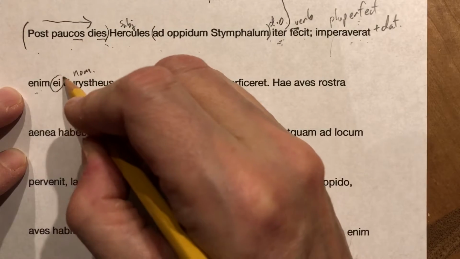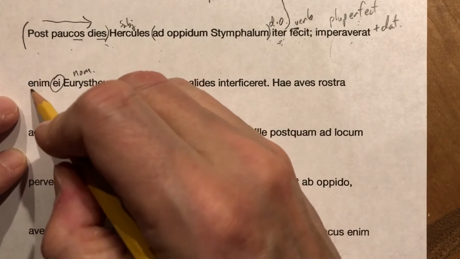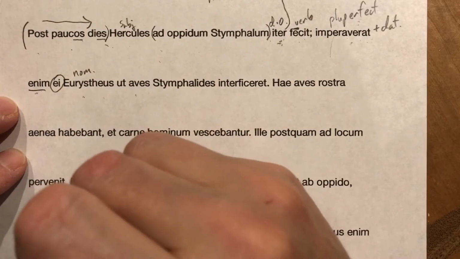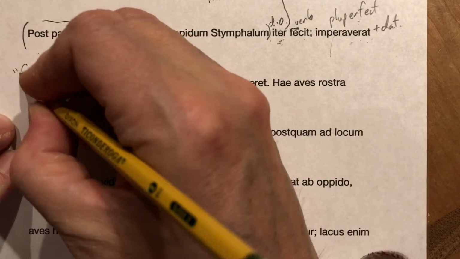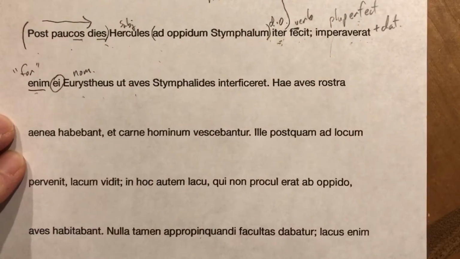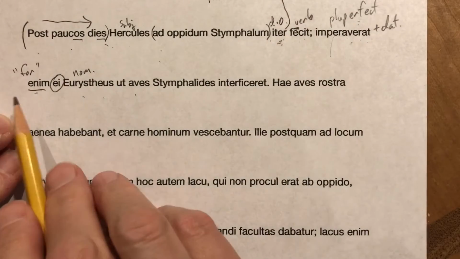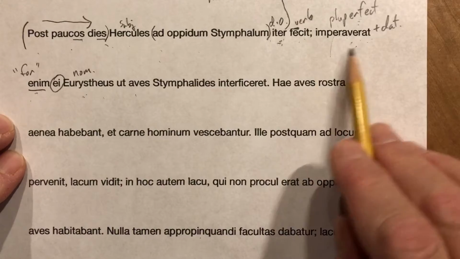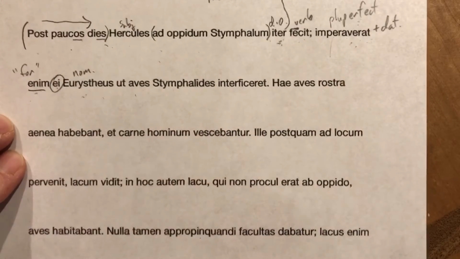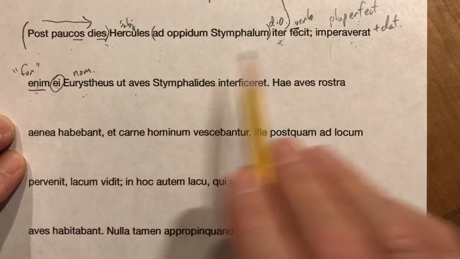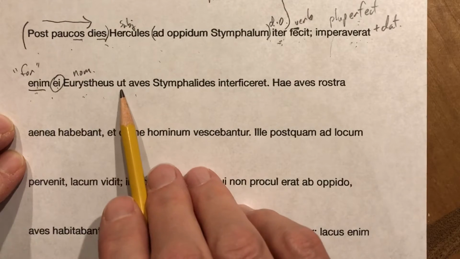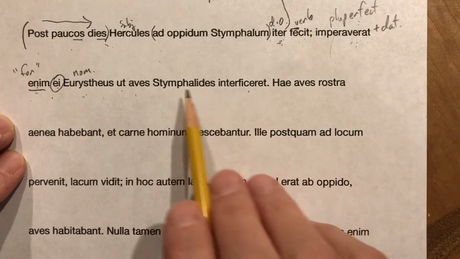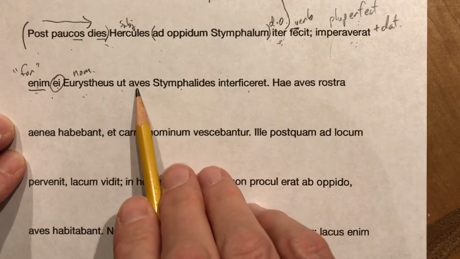Right there. And I said in the notes that einem is a word that means almost nothing. Technically it means for. For Eurystheus had ordered him, or for Eurystheus had given him an order to kill the Stymphalian birds.